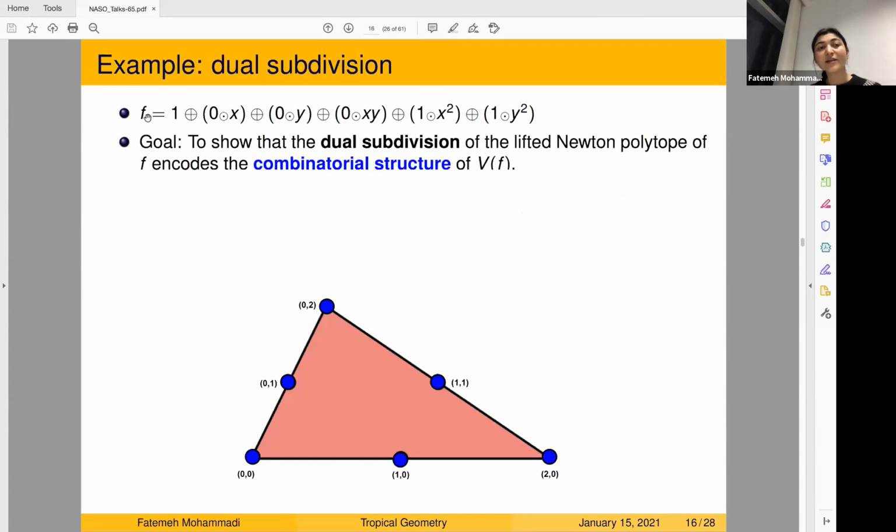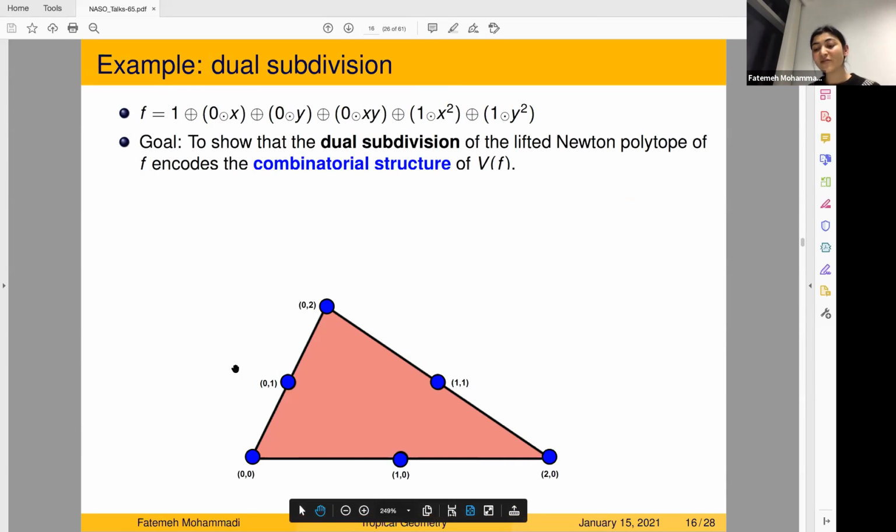Okay, so again, we start from this polynomial, and then we plugged in the exponent vectors, which was (0,0), etc., right? So that was the Newton polytope that we obtained. And now we are looking at the coefficients of each term. For example, the coefficient 1 is the coefficient corresponding to this point (0,0), right?